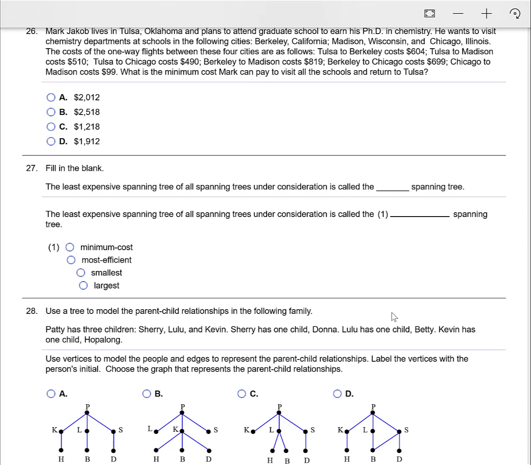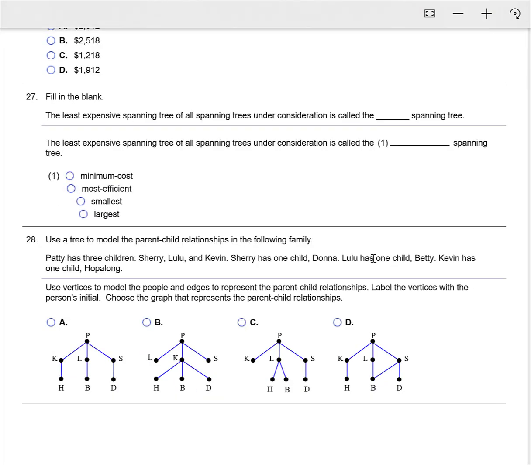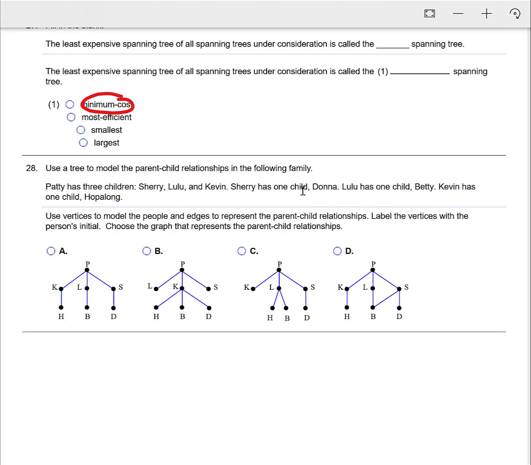The least expensive spanning tree of all spanning trees under consideration is called the minimum cost spanning tree. And we're going to use a tree to model the parent-child relationships in the following problem. Patty has 3 children, and we see that each of the graphs shows 3 children.